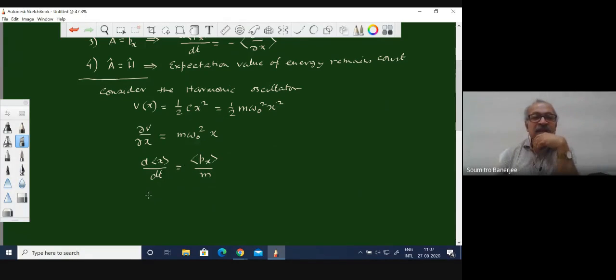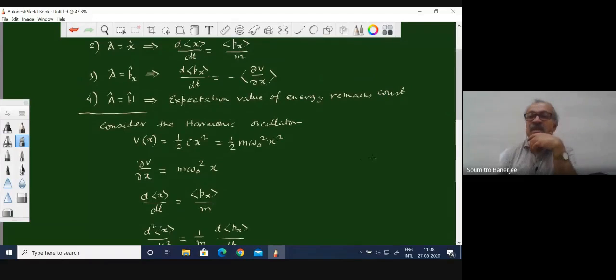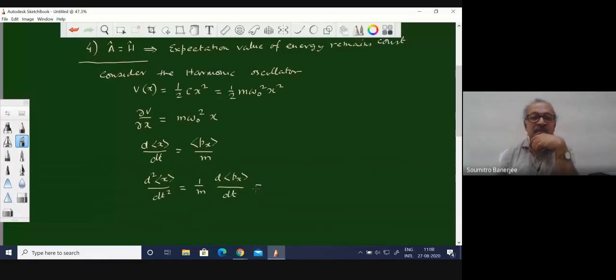If we differentiate that again, d2x/dt2 is equal to 1 by m dpx/dt, and dpx/dt is what we have just obtained, and therefore it is equal to minus 1 by m del V del x, which we have just found to be minus 1 by m times m omega naught square x.